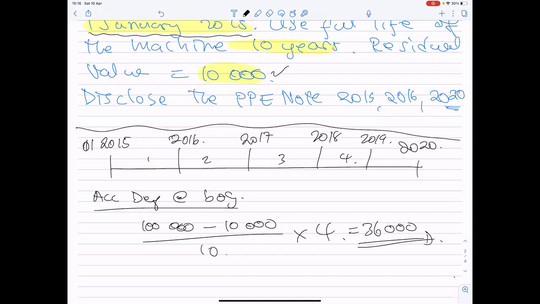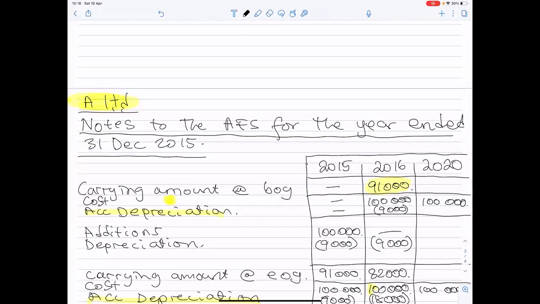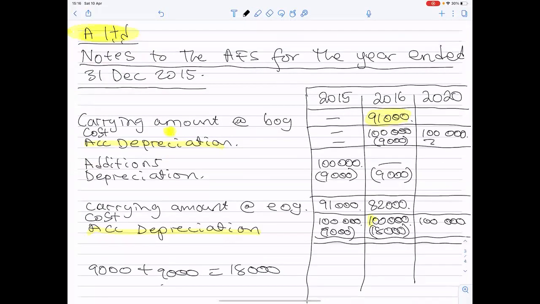Is that clear? We understand? Yes. All right. So you are going to put 36,000 there. So your carrying amount, 100,000 minus 36,000, is going to be 64,000.